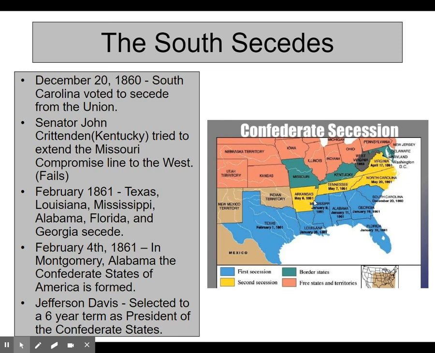And these states, okay, so this was the second secession. They kind of went in waves, you guys. So this was the first wave of secessions. The second wave was the yellow, and then there were bordering states that remained neutral. The red states were the ones that stayed in the Union.